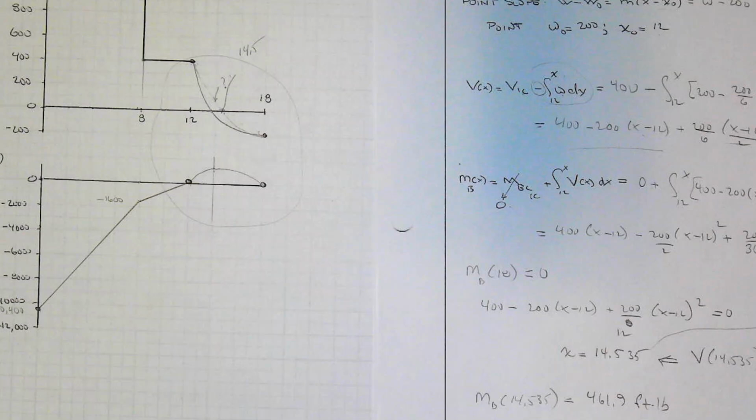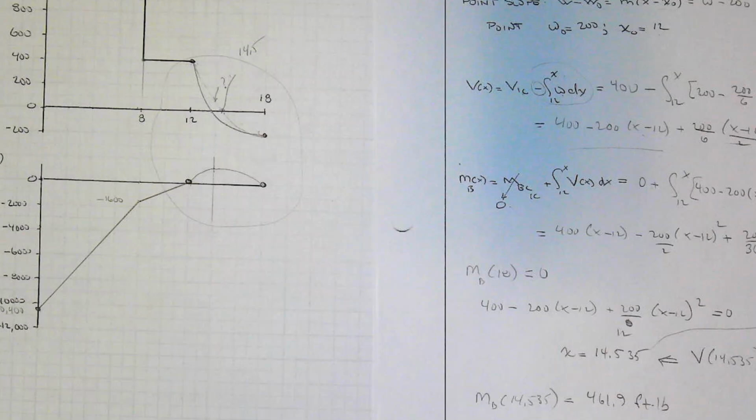Shear of 14.535 is 0. All right? So now to get the max, you would take this and substitute it into there. I'll let you do that. But I will tell you that the bending moment at this point works out to be 461.9 foot-pounds.